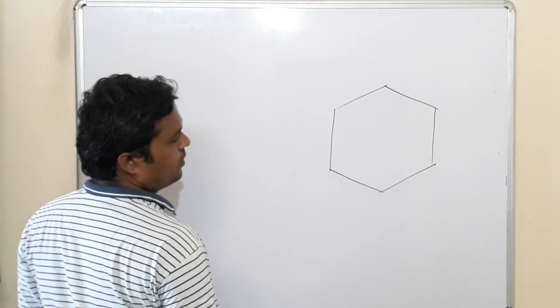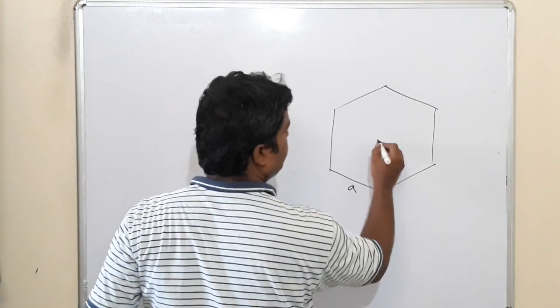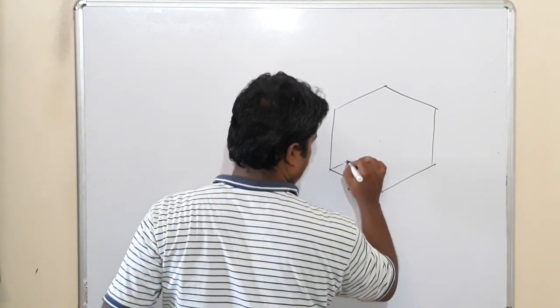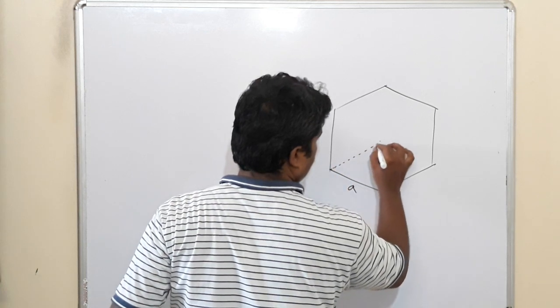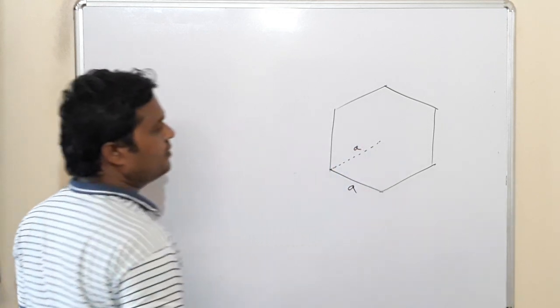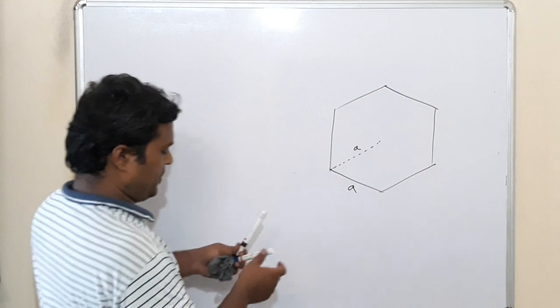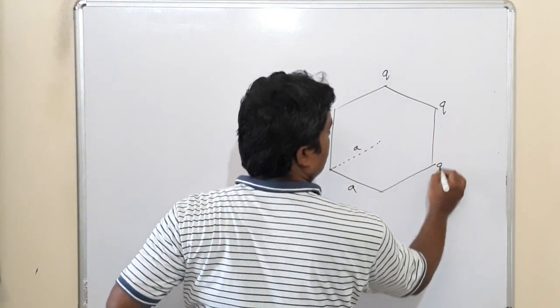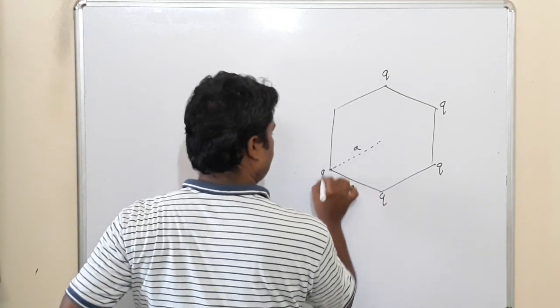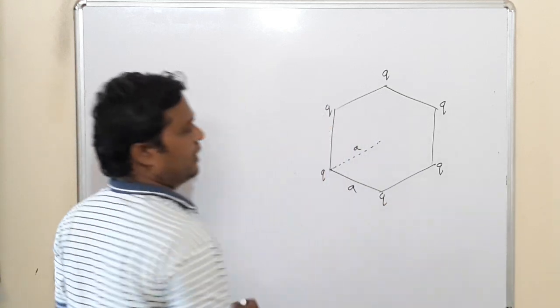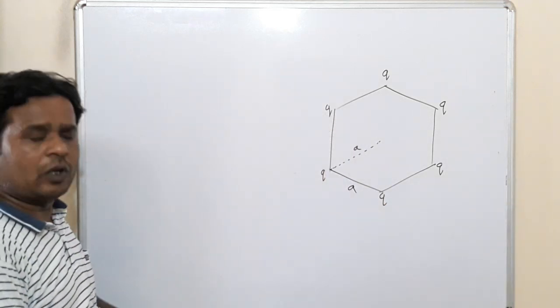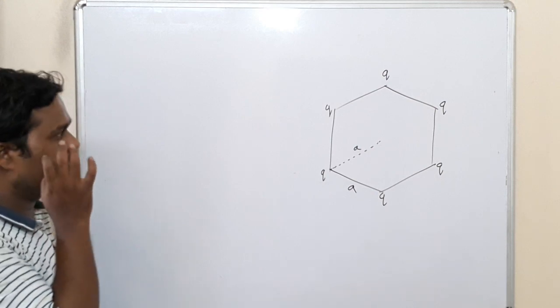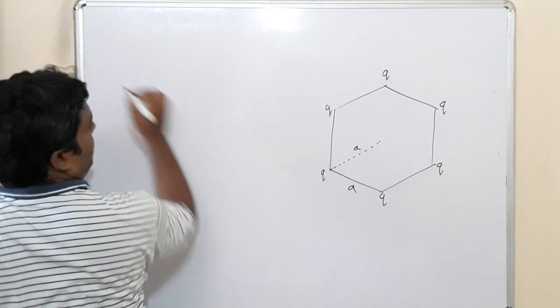This is a regular hexagon of side A. Then for hexagon this distance will also be A. Suppose each charge q is placed at the corner of the regular hexagon, then what will be the electric field at the center? Electric field at O.